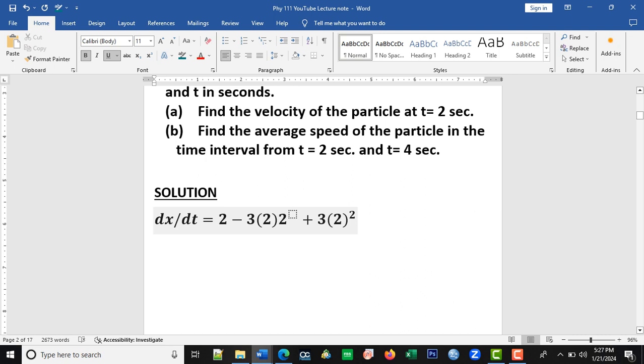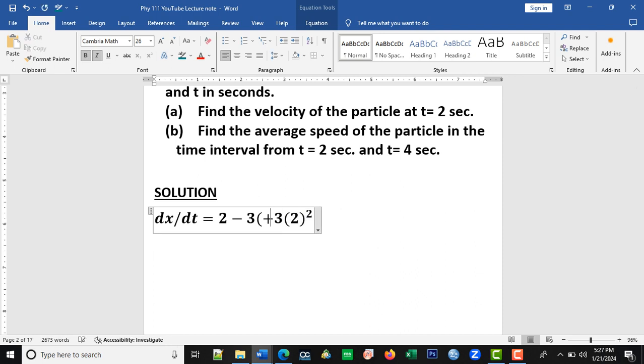So the whole of this becomes 12. And here we have 2 squared is 4. So 4 times 3 is 12. So the whole of this becomes 12.